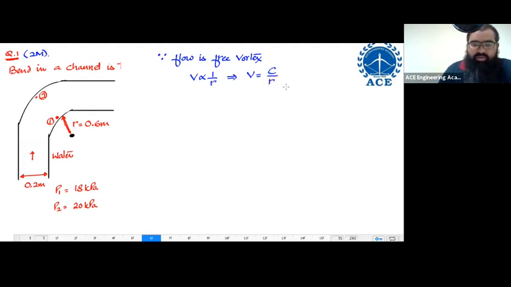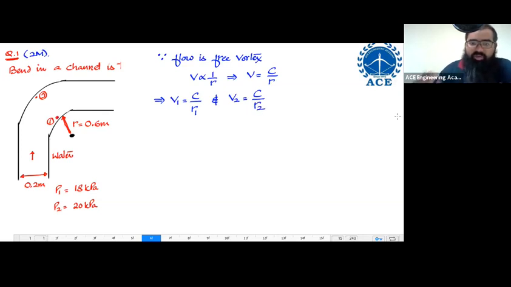So the velocity at point 1, V1, is equal to that constant divided by r1, and velocity V2 over here is equal to constant divided by r2. This is what we are having.